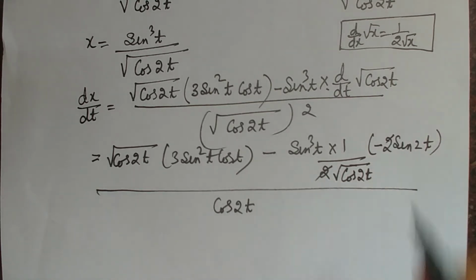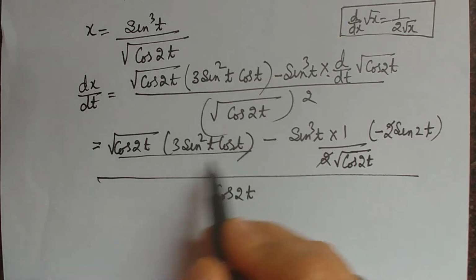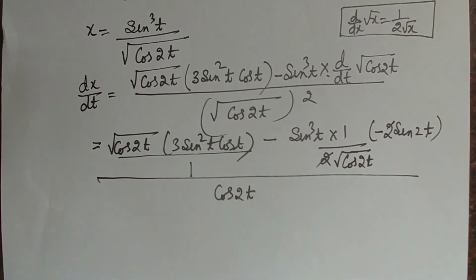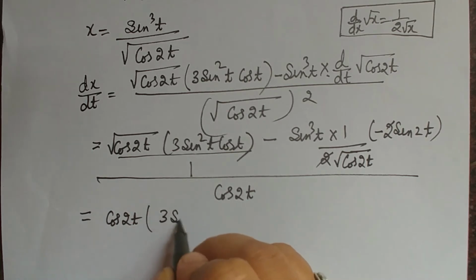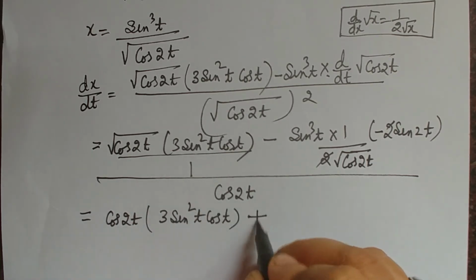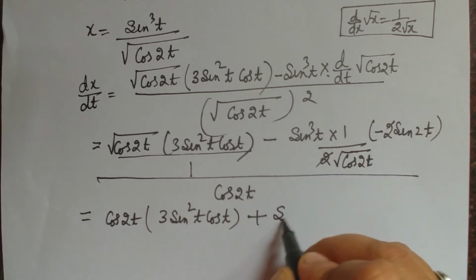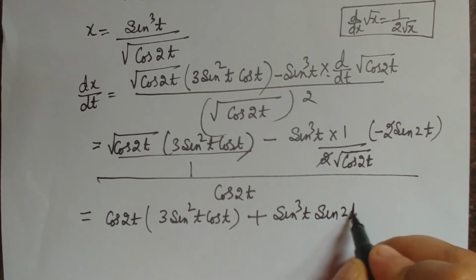Now cancel this 2 with 2 and take LCM in the numerator. Say it is 1, take LCM in the numerator. So it is cos 2t, 3 sine square t cos t plus, minus minus plus, sine cube t and sine 2t.